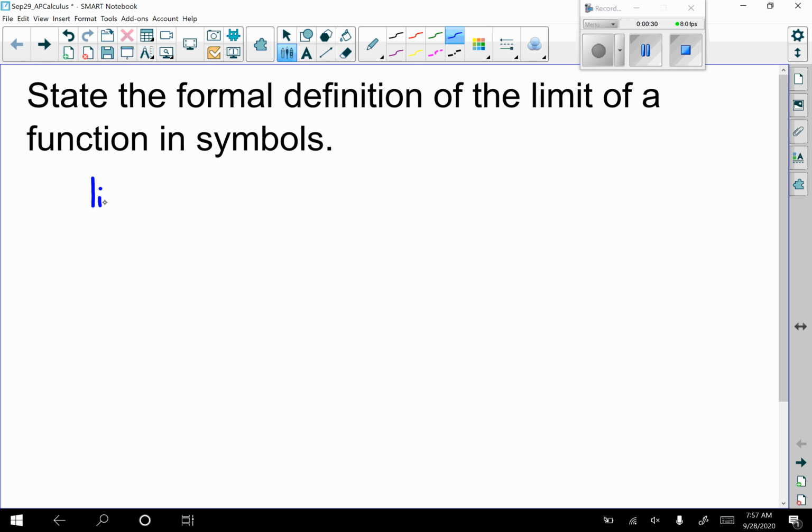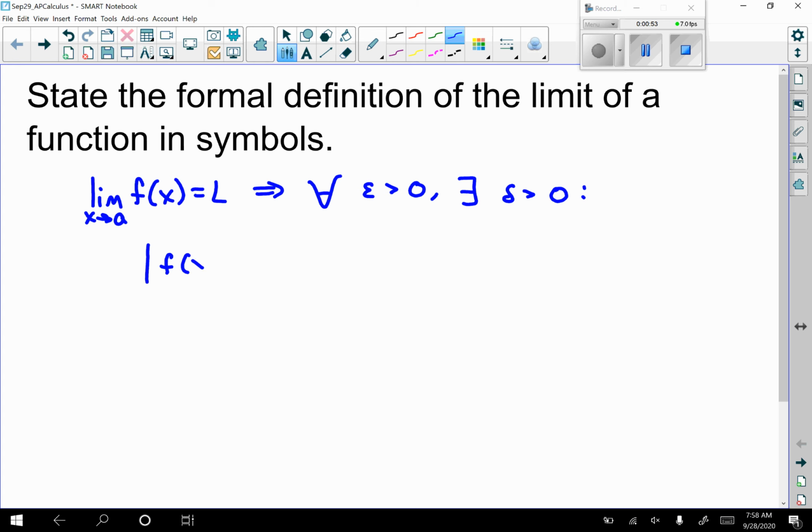We always just want to start with the limit notation, so the limit of f of x as x approaches a is equal to L implies that for every, or for all, epsilon greater than 0, and again it just means that those are given to us, there exists a delta greater than 0 such that the absolute value of f of x minus L is less than epsilon whenever the absolute value of x minus a is less than delta.